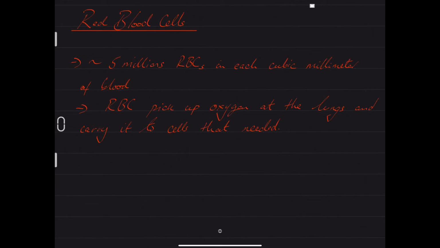Alright, now we're going to look at how red blood cells are adapted to make them efficient at their job of carrying oxygen to respiring cells. The first point is that they have a biconcave shape.